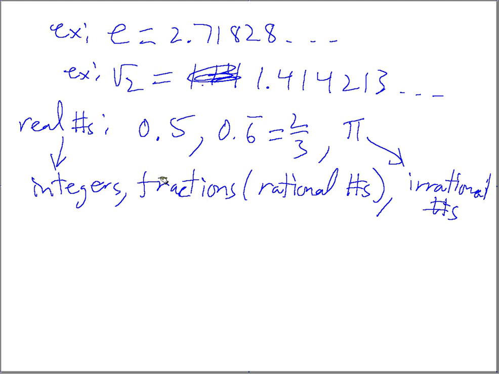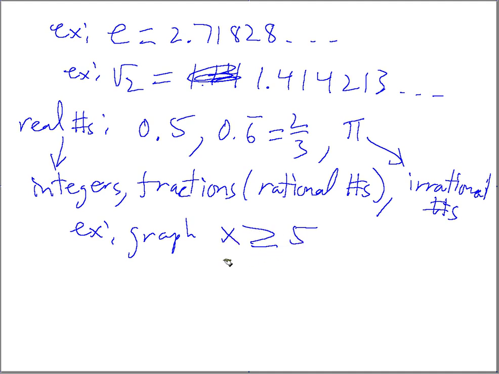Now, our focus here is going to be on how to graph sets of real numbers. For example, let's recall that if I were to ask you to graph x greater than or equal to 5, how do I represent all real numbers on the number line that are bigger than or equal to 5?